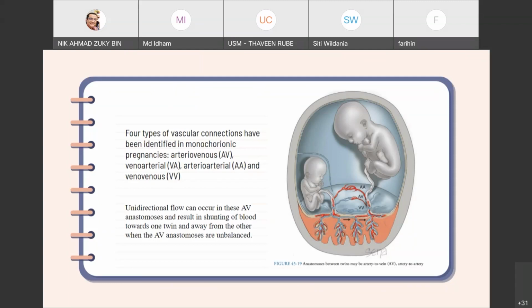This is what we call twin-to-twin transfusion syndrome. We call them the donor and recipient baby. The donor will shunt the blood towards the other twin, causing it to be unbalanced. So go next, I will explain more.